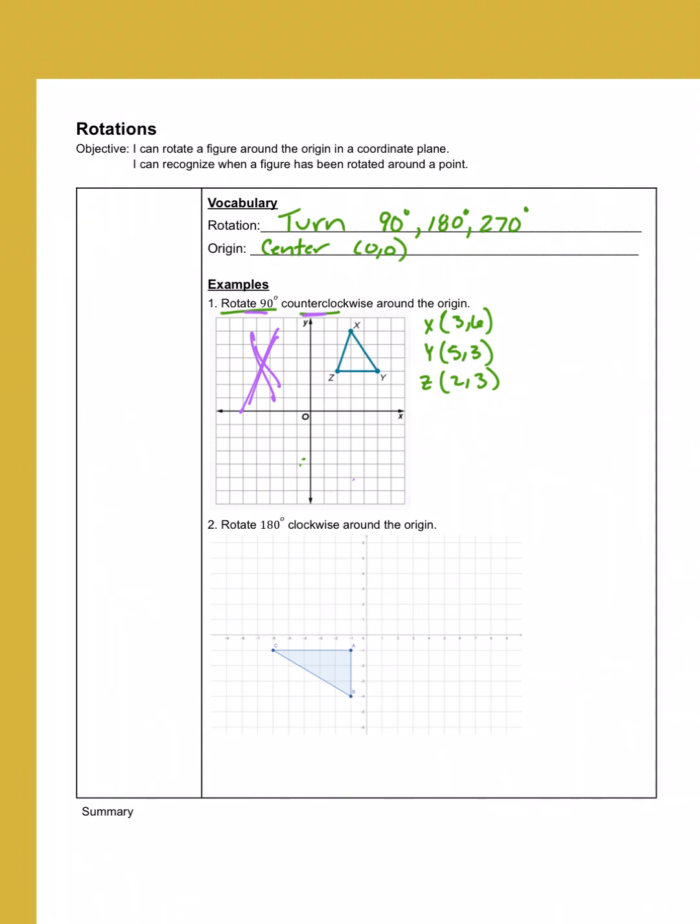Turn your paper. For example, our triangle right now is in the top right, quadrant 1. So when I'm looking at my paper, our pre-image is in the top right. I'm going to turn my paper, or turn myself sideways, so that this purple spot is in the top right.